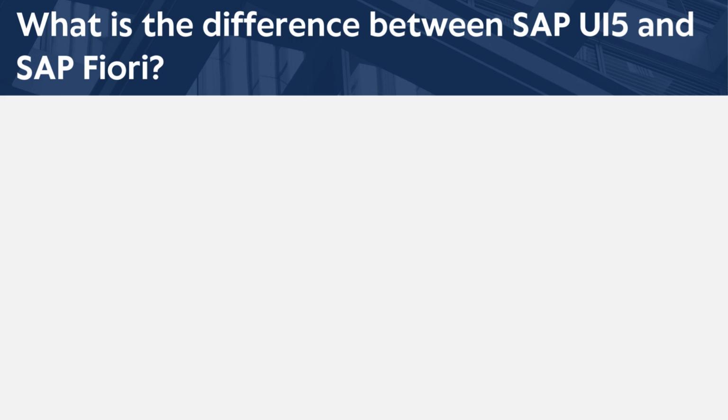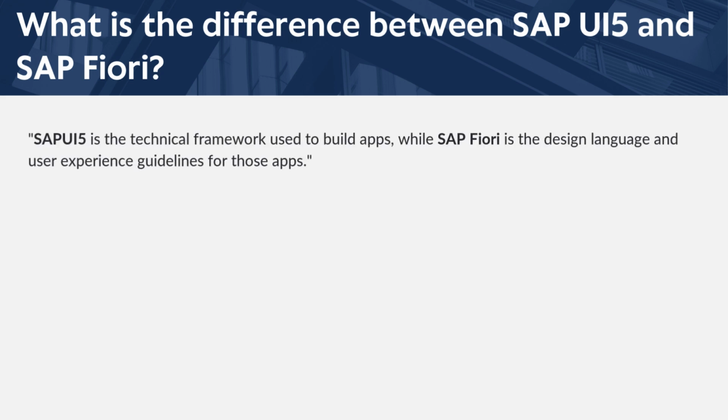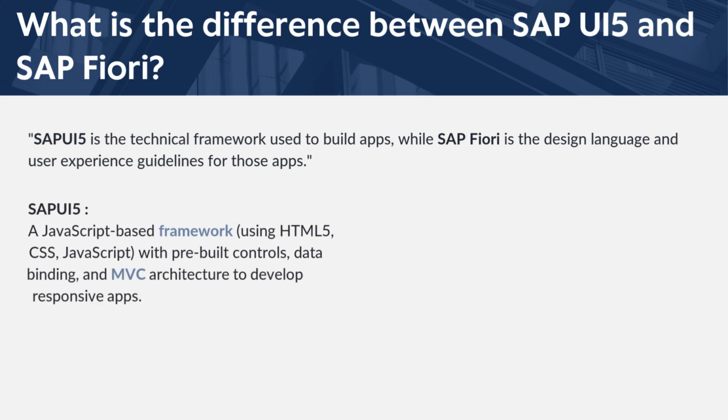Now the last question is, what is the difference between SAP UI5 and SAP Fiori? SAP UI5 is the technical framework used to build apps, while SAP Fiori is the design language and user experience guidelines for those apps. SAP UI5 is a JavaScript-based framework which uses HTML5, CSS, and JavaScript with pre-built controls like data binding and MVC architecture to develop responsive apps.